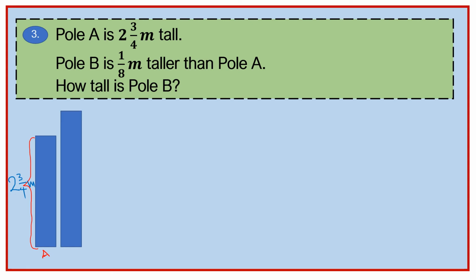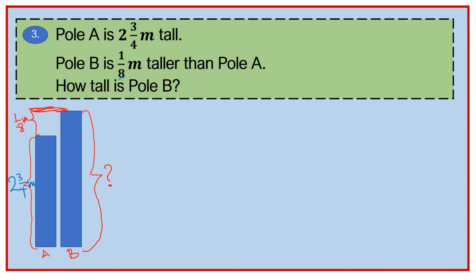Then we have got pole B. Pole B is 1 out of 8 meters taller than pole A. So it implies that this part is 1 out of 8 meters. So we want to know, how tall is pole B?